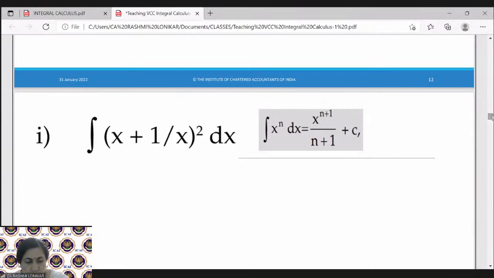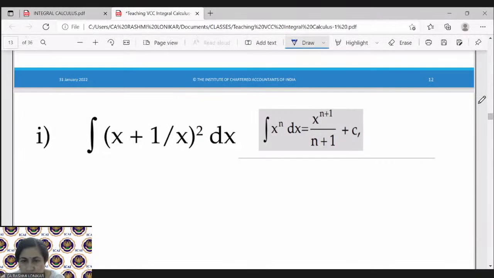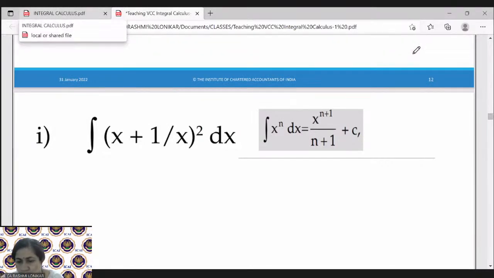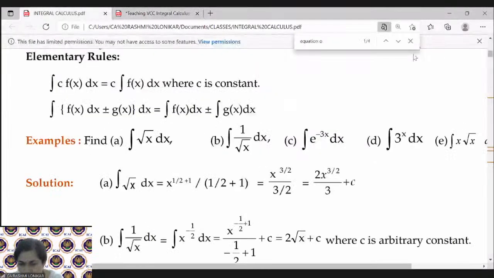Now let us go to the next sum: integral of x plus 1 upon x whole square.